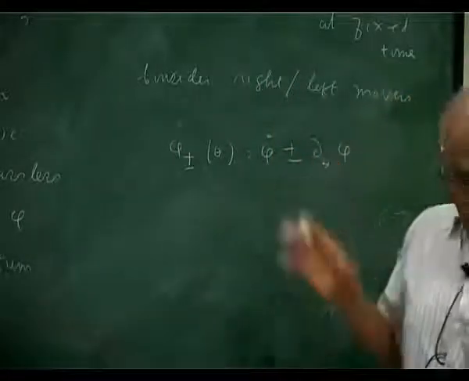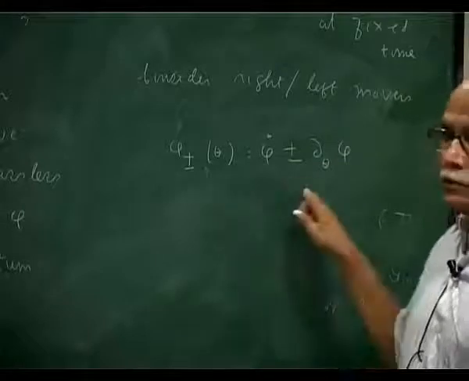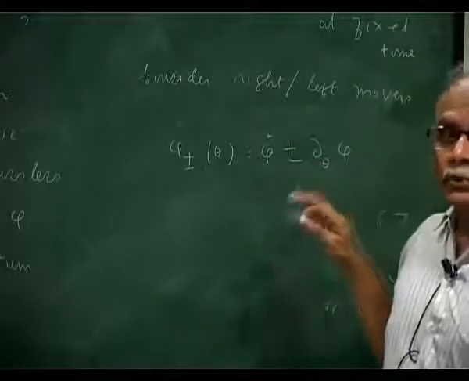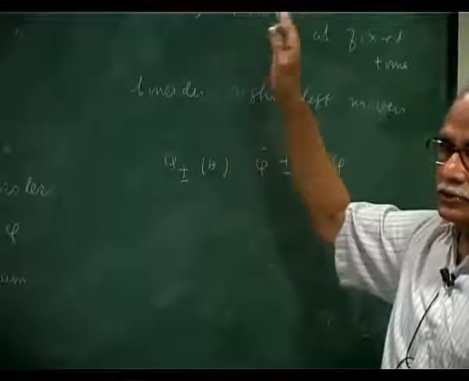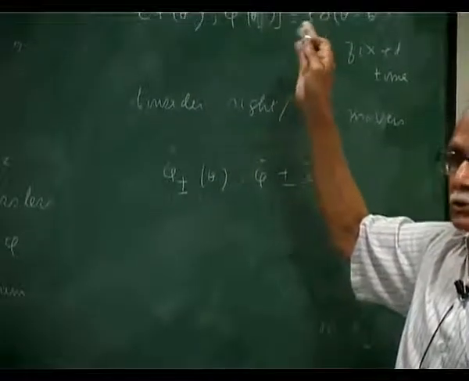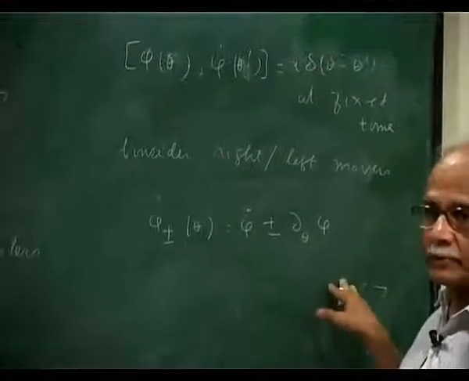If you want, you can put velocity factors. Never mind. As you well know, for a relativistic massless scalar field phi, it is not possible to quantize because of infrared divergence. But phi dot and phi prime you can quantize.